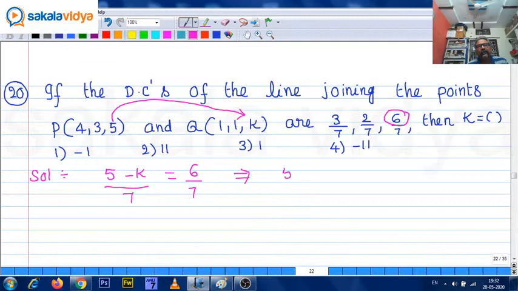That implies 5 minus k equals 6, so k equals 5 minus 6, that is -1. So option 1 is the right option.